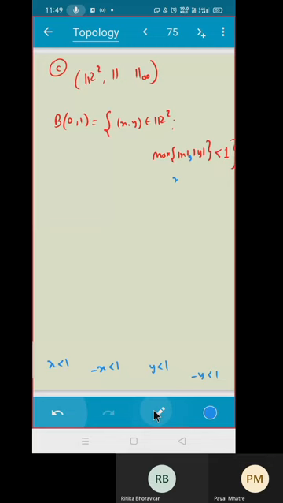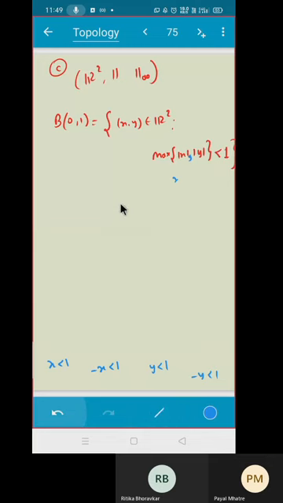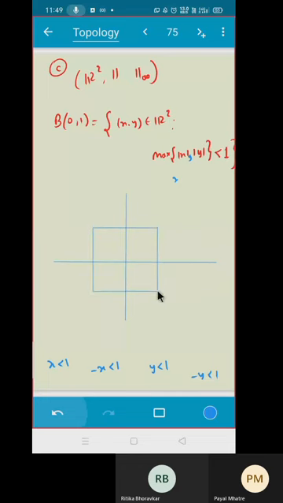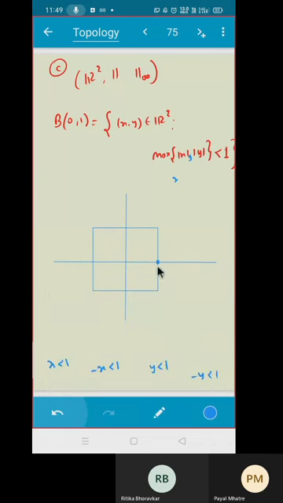First of all, do you agree? Here I can draw this like this. This line is x equal to 1. This is minus 1. This is y equal to 1. This is y equal to minus 1. And I'll have the interior part.